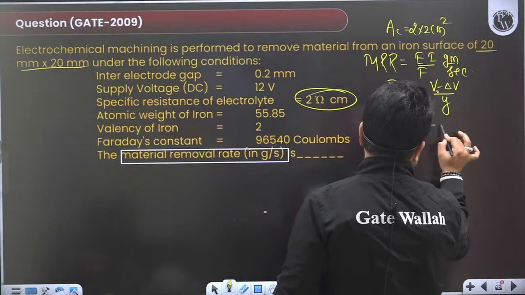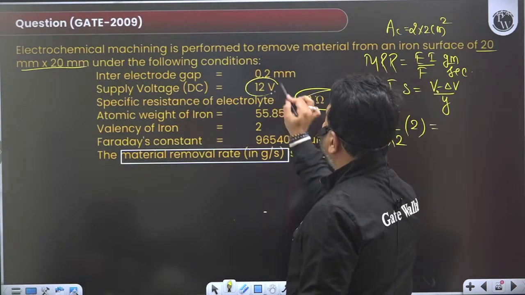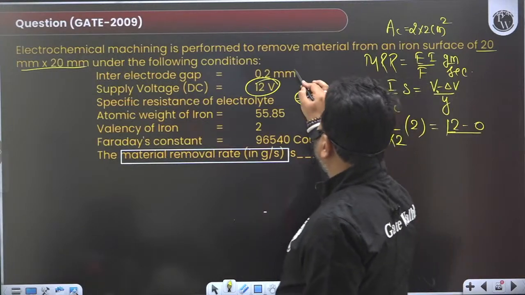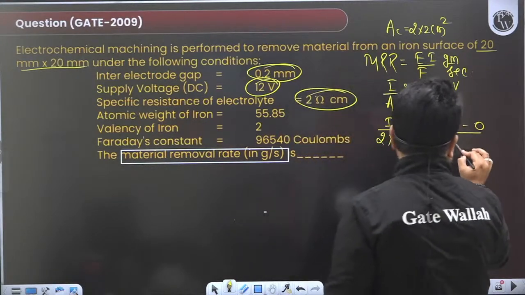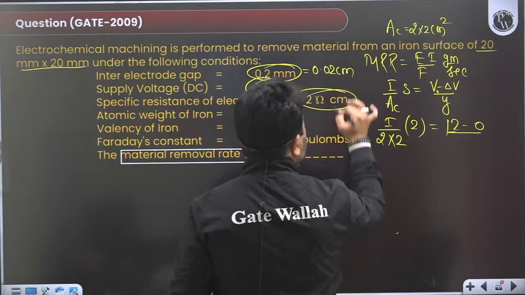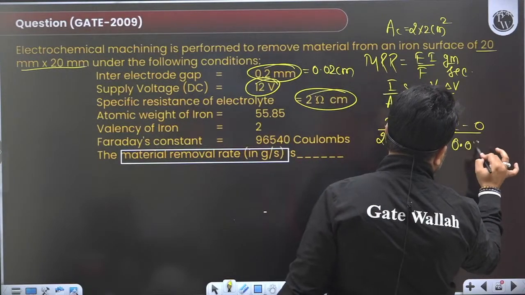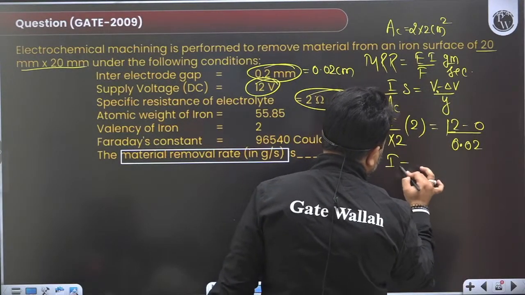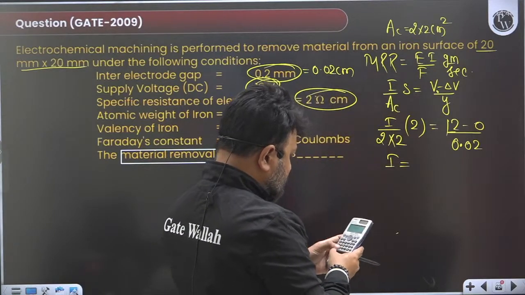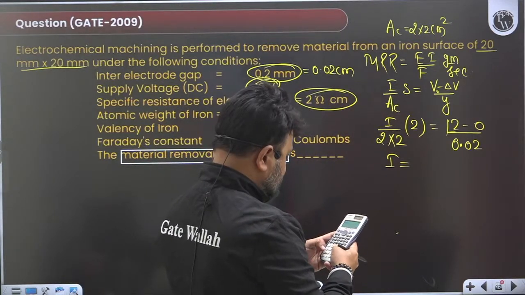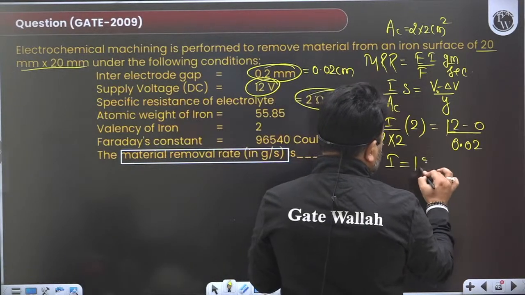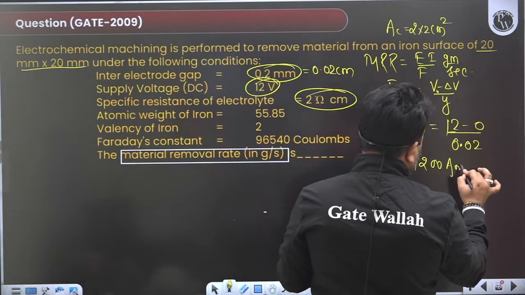V naught applied voltage 12, drop voltage is not given, inter-electrode gap 0.2 mm, which we convert to 0.02 centimeter. So from here we will get the current: 12 divided by 0.02, answer into 4 divided by 2, that is 1200 ampere.